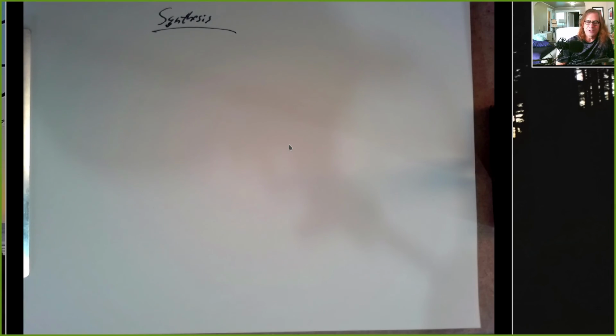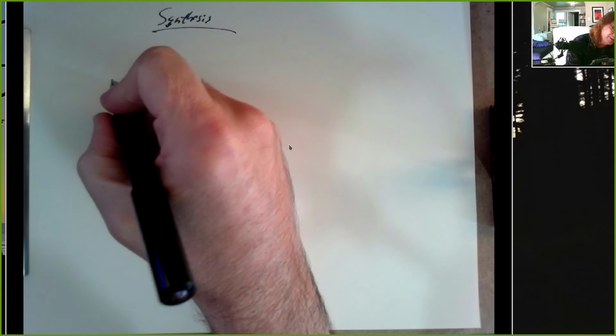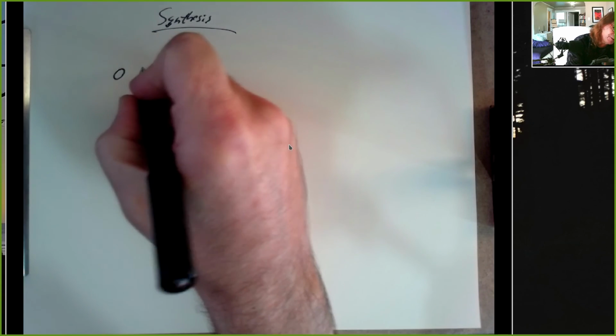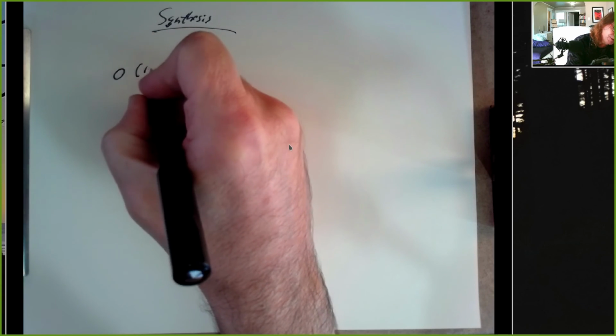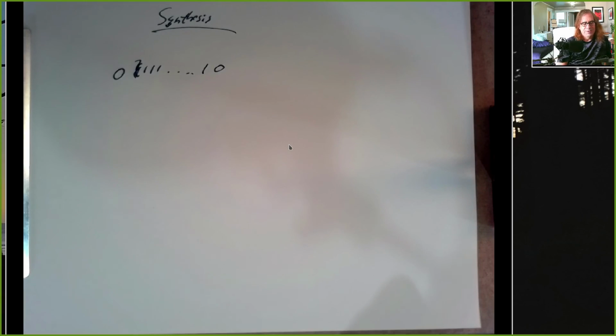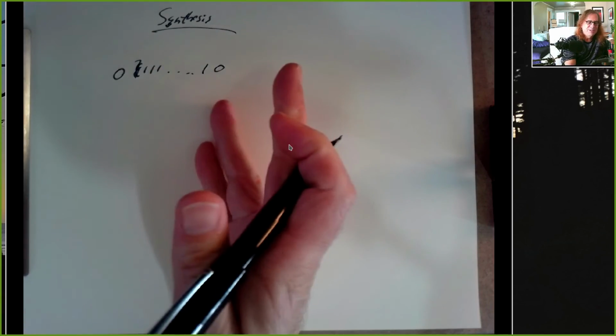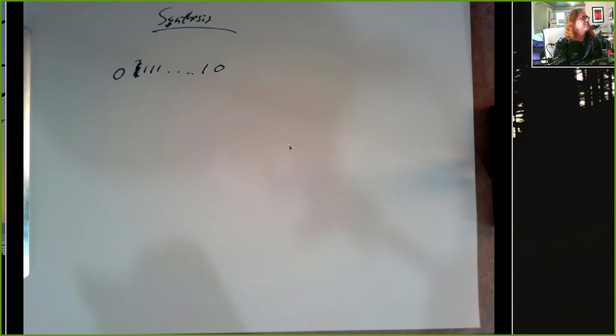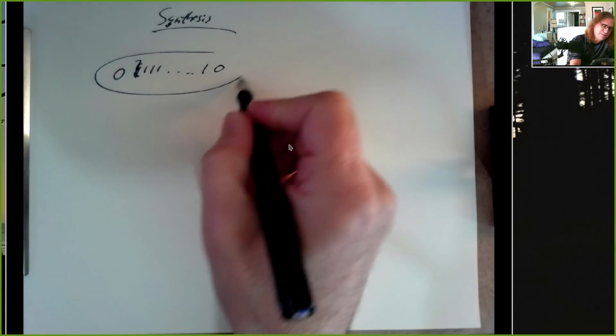phrase structure grammars is: I want a grammar which recognizes the following strings. For example, I want a grammar which recognizes 0 followed by a bunch of 1s, followed by a 0. So I want a 0 followed by a succession of 1s followed by a 0. How do I make a phrase structure grammar to recognize this?